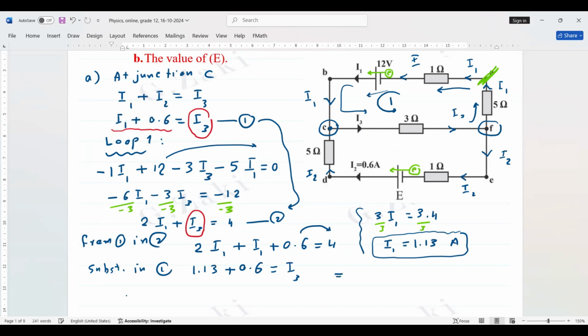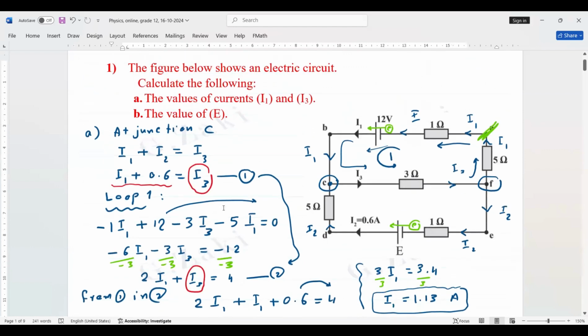Then I3 from this equation equals 1.73 amperes. So this is the value of I3. So now we finished part A, calculating the values of I1 and I3.